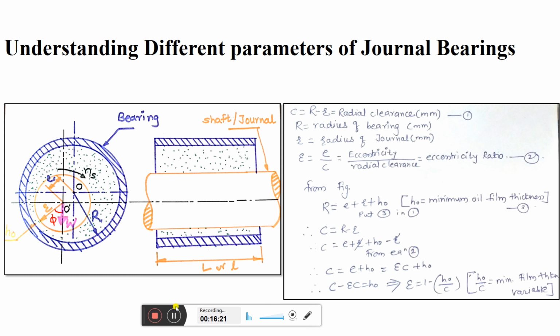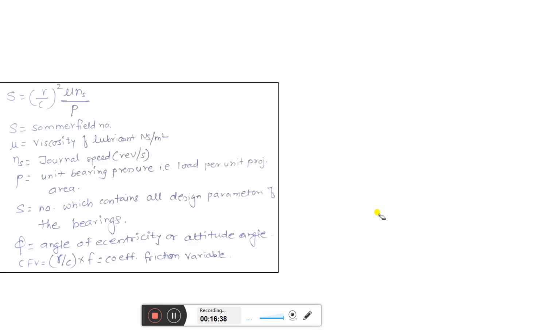First one is nothing but your eccentricity ratio e by c. Second is epsilon is equal to 1 minus h0 by c, so second is h0 by c. Next is the Sommerfeld number, that is (r by c) square into mu Ns by p. Then the coefficient of friction variable r by c into f.